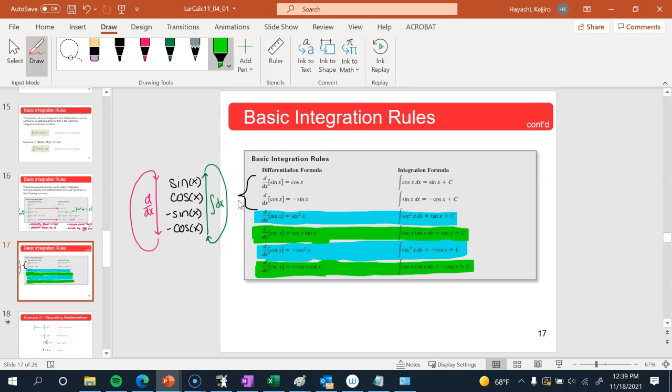So just for now, the only trigonometric integration rules that you're going to have to remember are just the ones that result from the derivative rules that you already know or already have seen. So these are the only trigonometric integration rules that you will really see in this course.